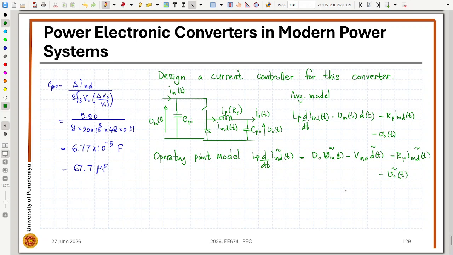So this is the equation in the operating point model. Since this is a linear one, we can apply the Laplace transform.